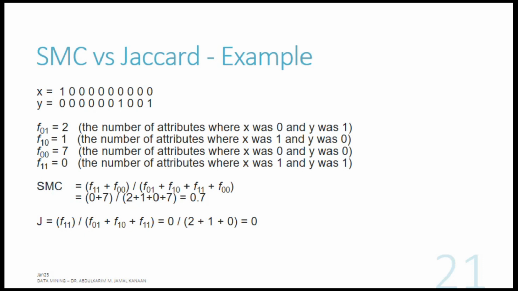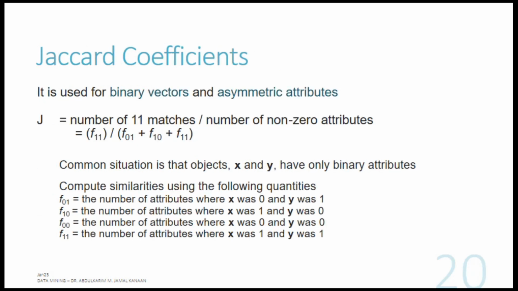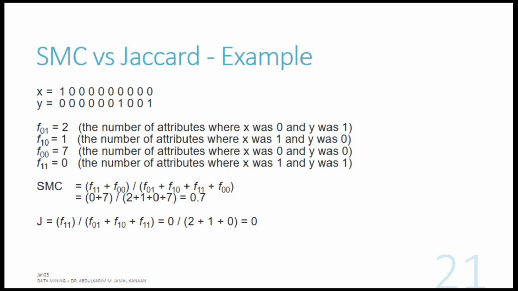But if you apply another similarity measurement called Jaccard, Jaccard is going to consider only the one matches. That means we must have 1 matches to count. So if we come to the same example following Jaccard, then only in the numerator we have the matches of 1, 1.